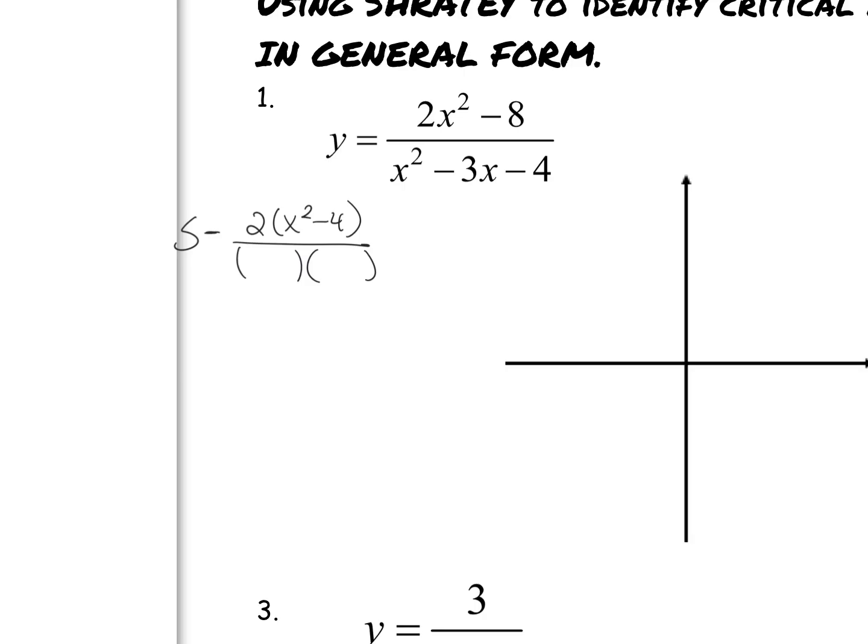Does that factor? Yes, no, maybe. It's a difference of squares, isn't it? So I have 2x plus 2 and x minus 2. And then what are my factors on the bottom? 4 and 1. Minus 4 plus 1.